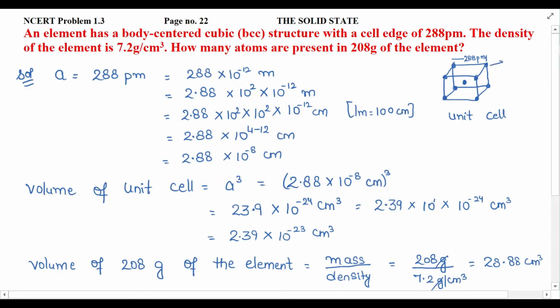So for 1 unit cell, the contribution of this atom will be 1 by 8, okay? We have total number of atoms 8, so into 8. Now this atom in the center of the body is shared only by 1 unit cell. That means the contribution of this atom totally belongs to this unit cell, right? So 1 by 8, when it cancels with 8, it will be 1.